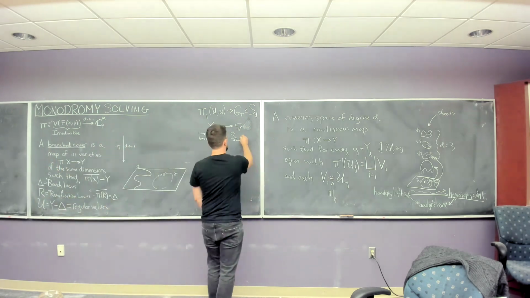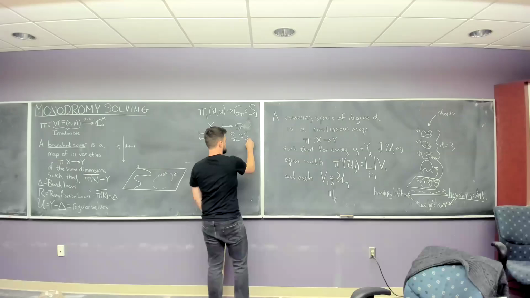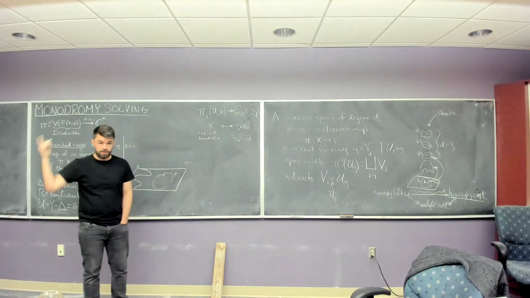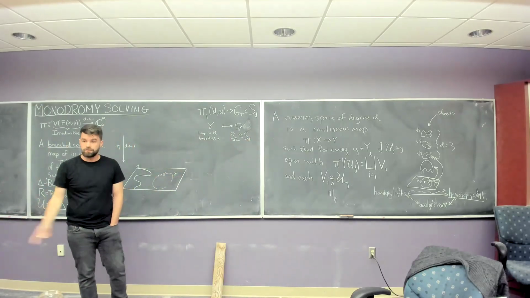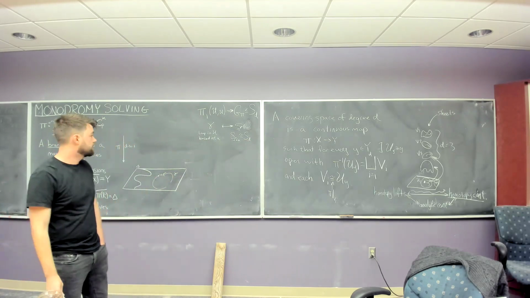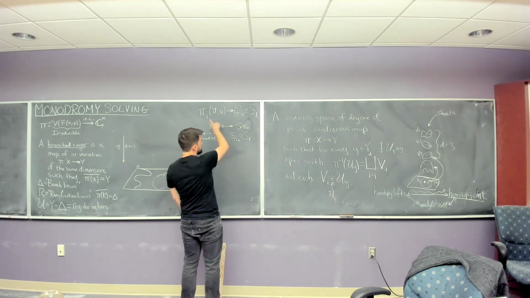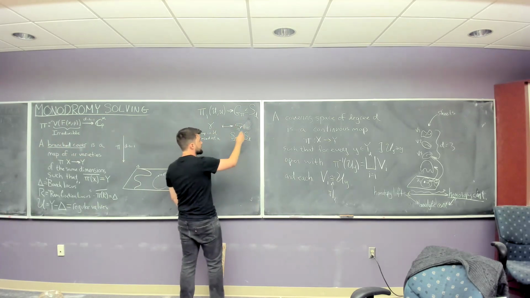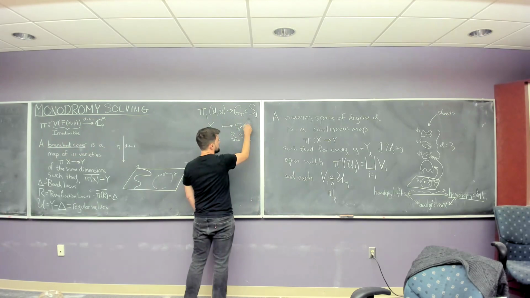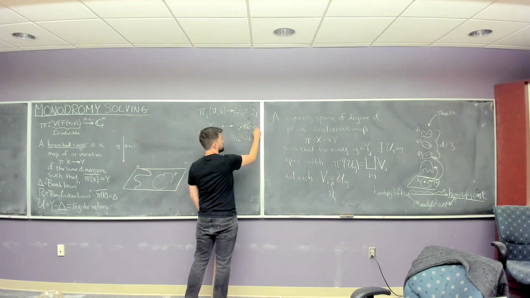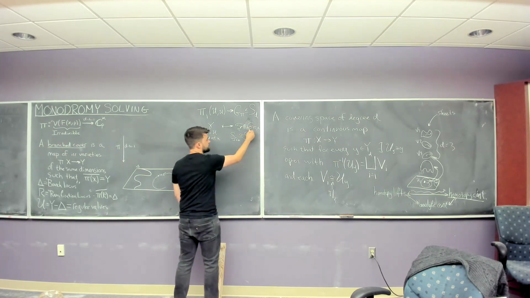Which of course is isomorphic to just S_D, because there are D points in that fiber. Permuting any D things looks like permuting the numbers 1 through D. But the image of this homomorphism is a group, and it's called the monodromy group of pi based at u.